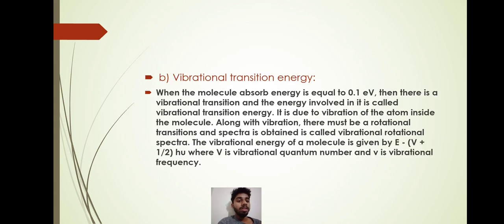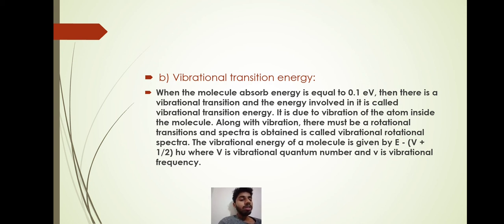The other is vibrational transition energy. When the molecule absorbs energy equal to 0.1 electron volt, there is a vibrational transition, and the energy involved is called vibrational transition energy. It is due to vibration of the atoms inside the molecule.